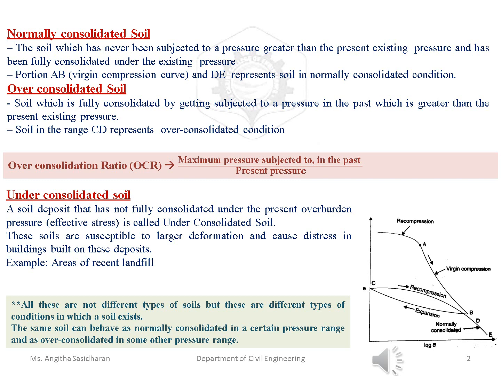The same soil can behave as normally consolidated in a certain pressure range, and as over-consolidated in some other pressure range. So that is the difference. It is not a difference in the type of soil. It is based on the conditions of the pressure which the soil is experiencing.